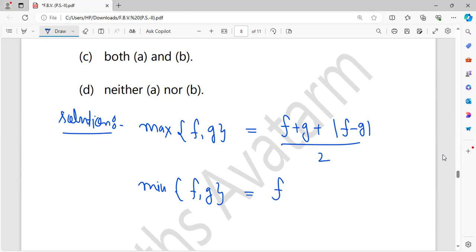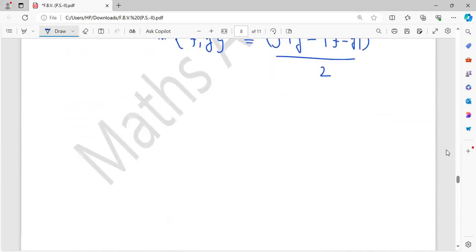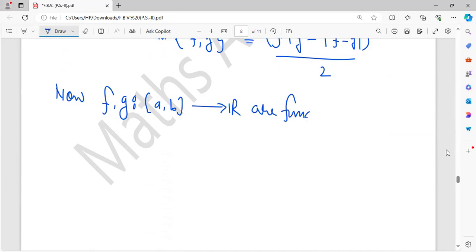F plus G minus F minus G upon 2. Okay. Now, F and G, closed interval A, B to R, are functions of bounded variation.